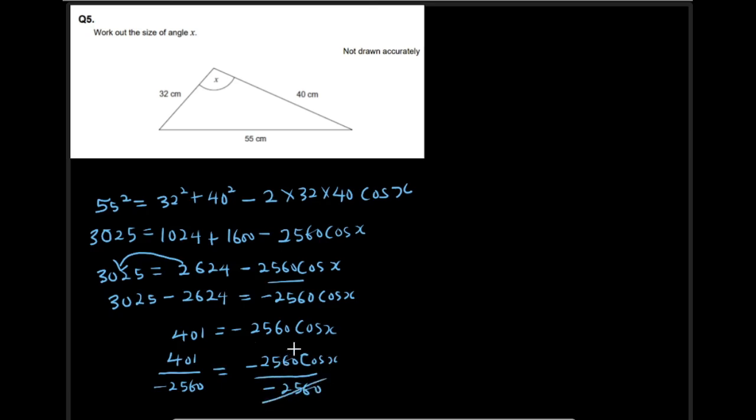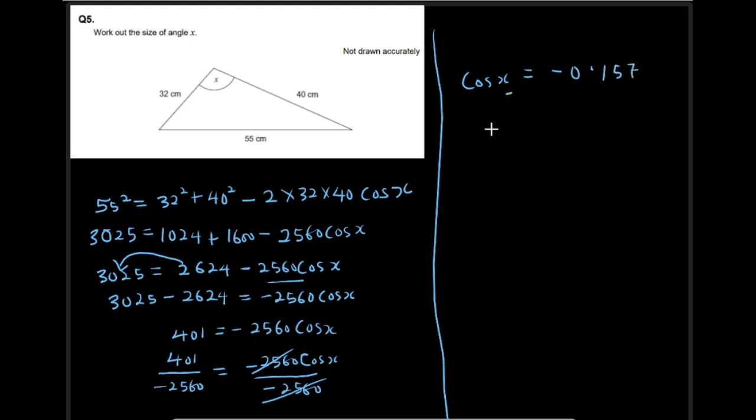So this cancels out this, and then you're going to have cos x equal to 401 divided by minus 2560. And that will give us minus 0.157.